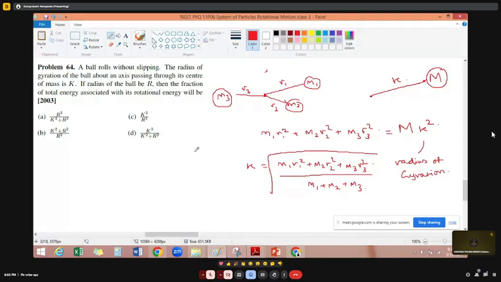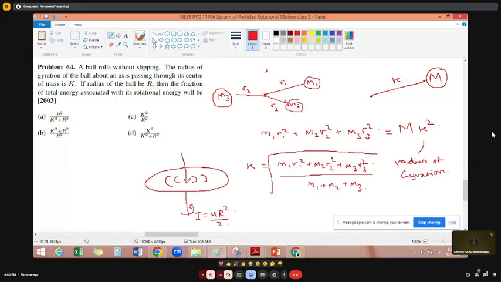Even for uniformly distributed masses such as a sphere, you can find the radius of gyration. Take a disk, for example. The mass is distributed everywhere, but for the entire mass M, I know the moment of inertia is mr squared by 2.